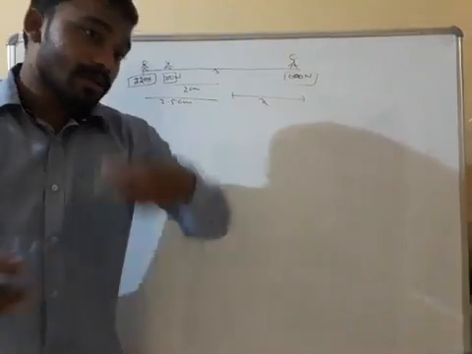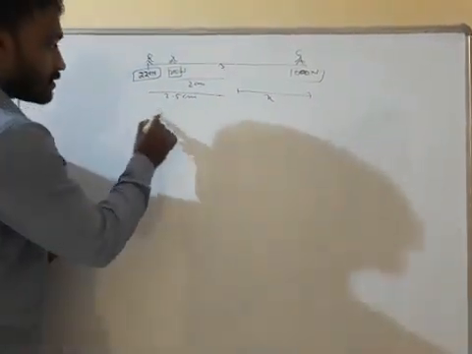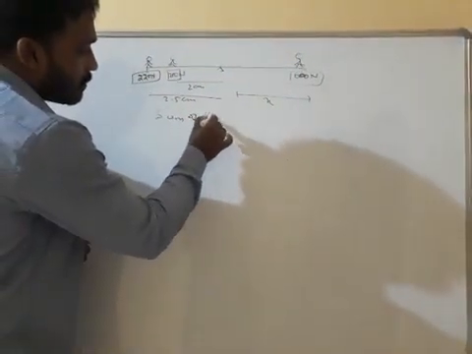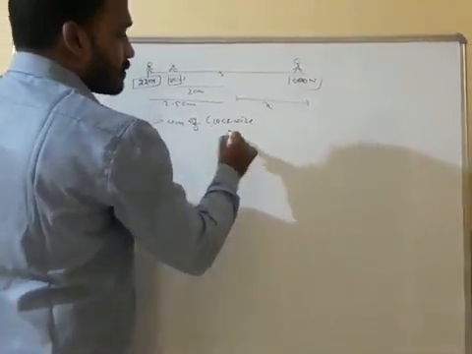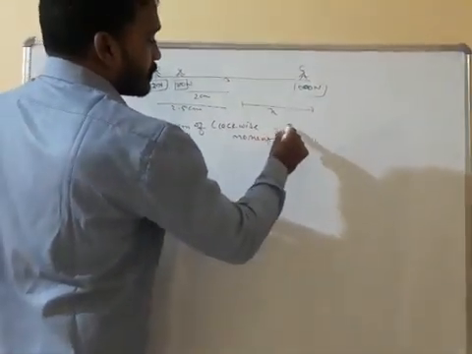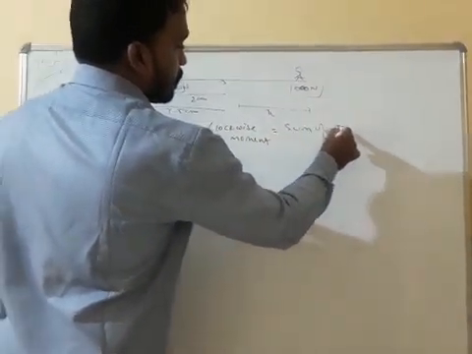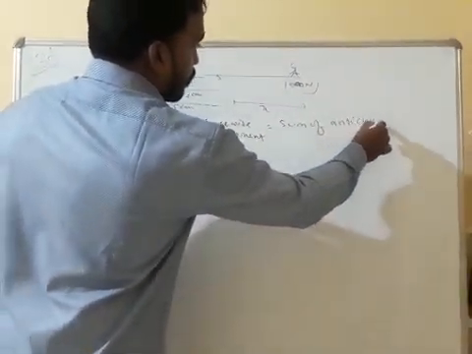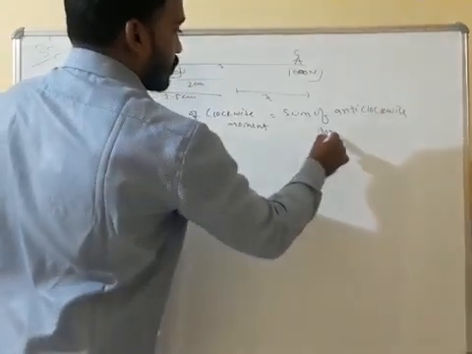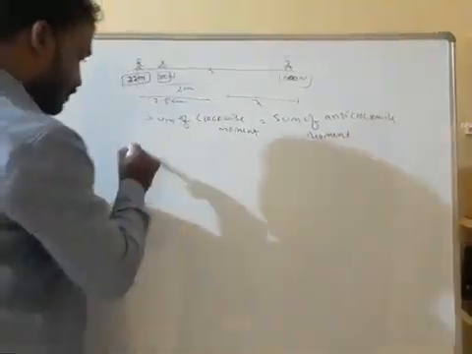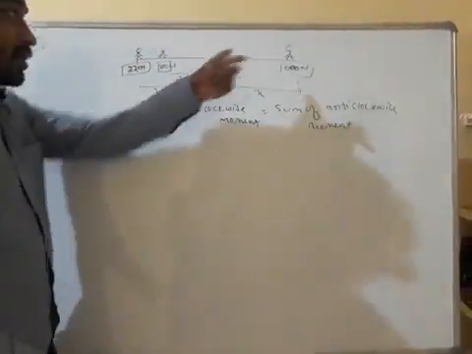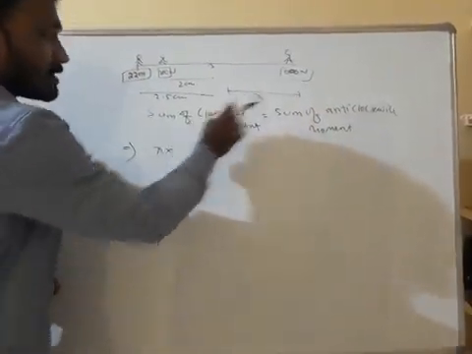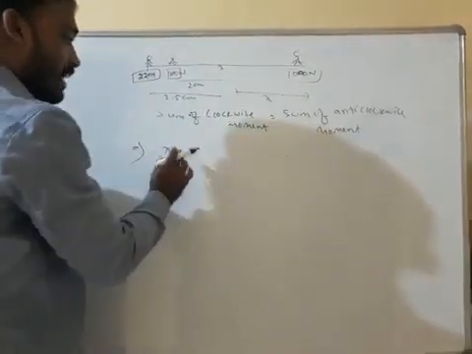Now I told, sum of clockwise movement is equal to sum of anti-clockwise movement. Understood? First, sum of clockwise movement. Clockwise means that will move to this side. Clockwise movement means what? Distance is x and force is 600.